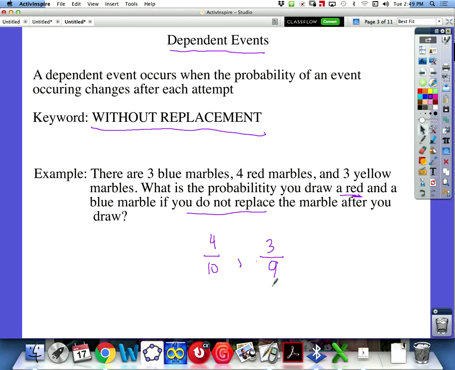So my likelihood of getting a blue has changed from 3 over 10 to now 3 over 9. So this probability changed because of the first event. Whenever we're not replacing, that means our denominator in the second problem is going to change.